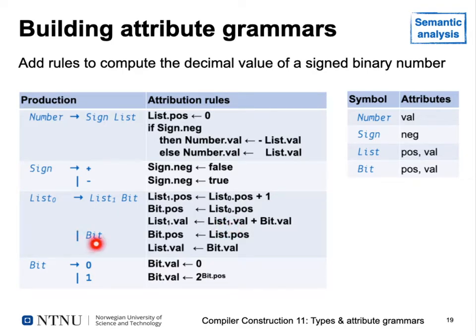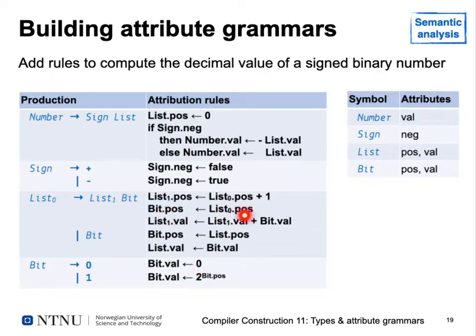The value is what we read from that bit, plus whatever we had already in the list before. If we only read a single bit, we get the position from the list, and the list value is assigned our bit value. Finally, when we have our bit, if we read a 0, we don't need to add anything.